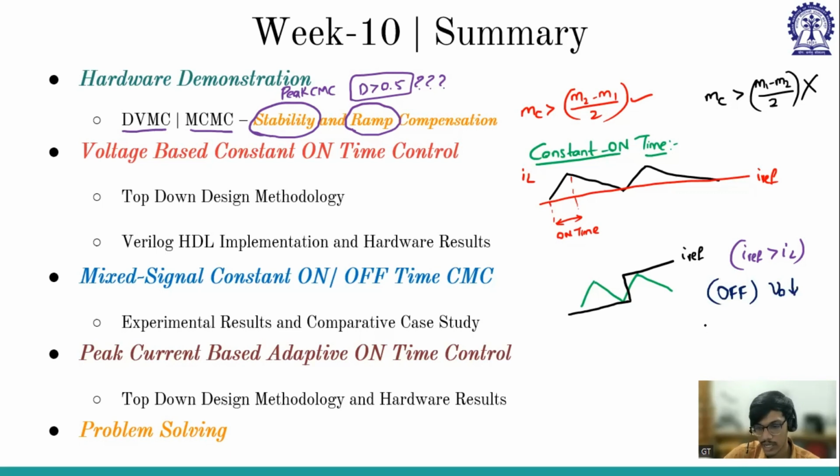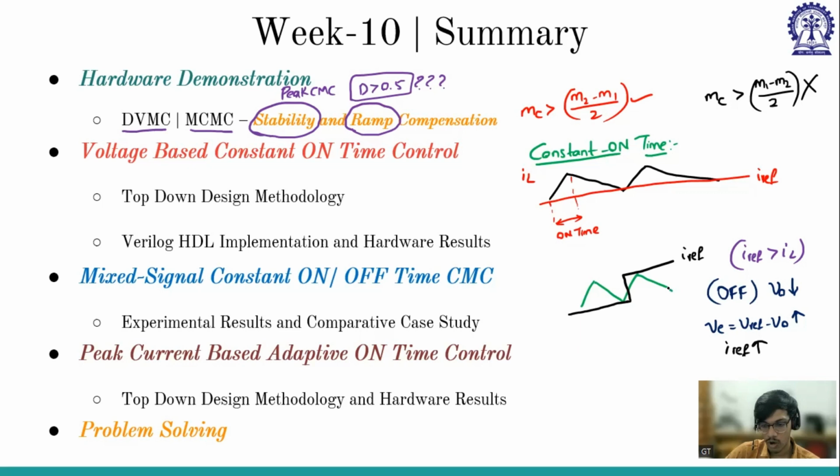If V0 decreases, V error, which is V reference minus V0, increases. So if my V error increases, then my I reference increases, right? So I reference will be continuously increasing, but until IL hits the I reference, it will not turn on. So what happens? It will collapse. I reference will completely become zero because it is not turned on.